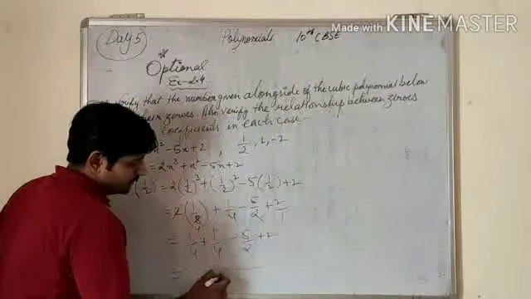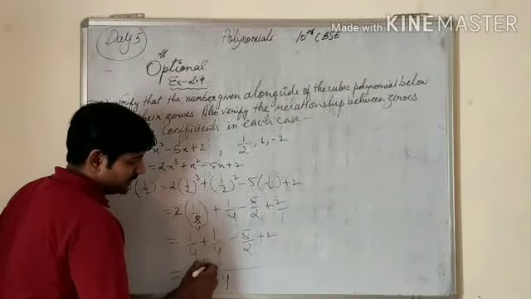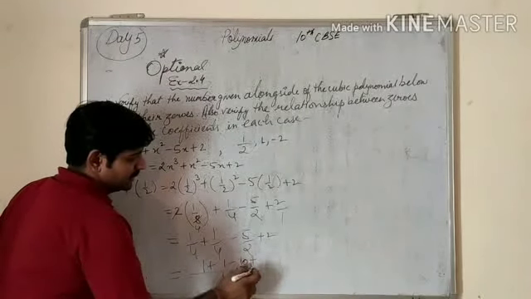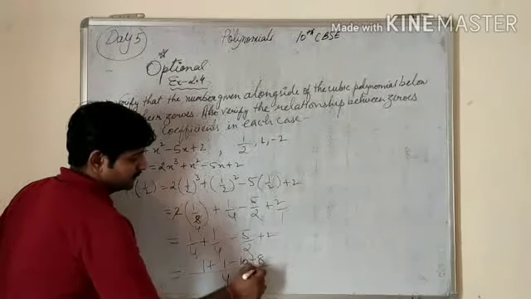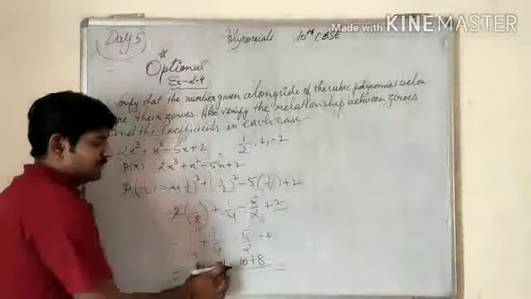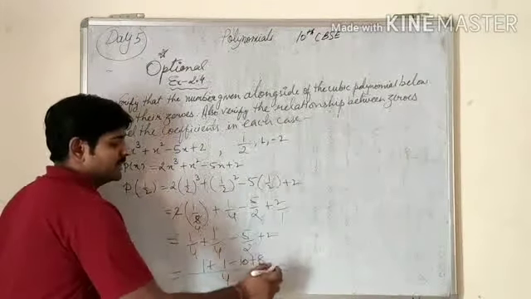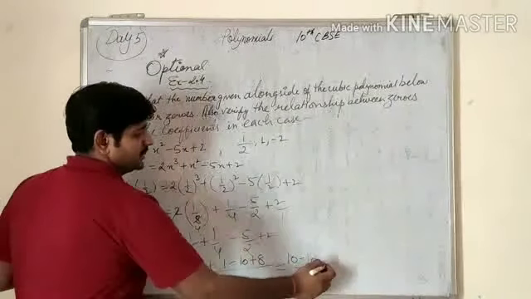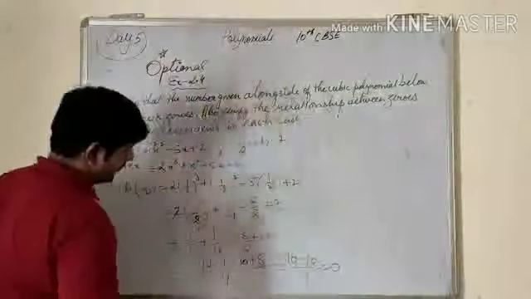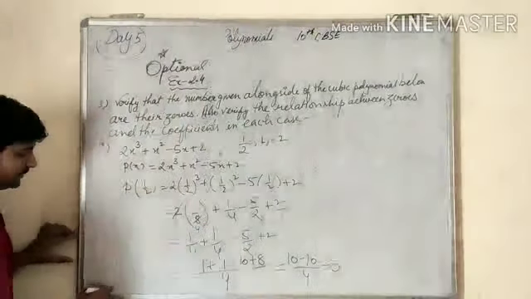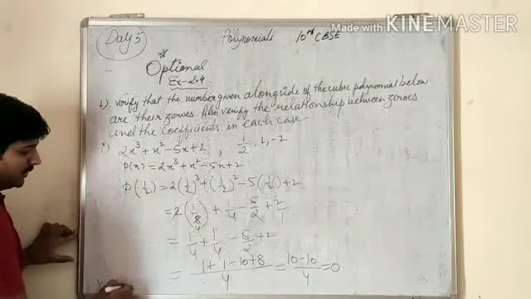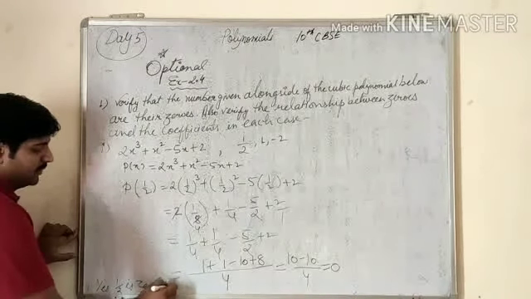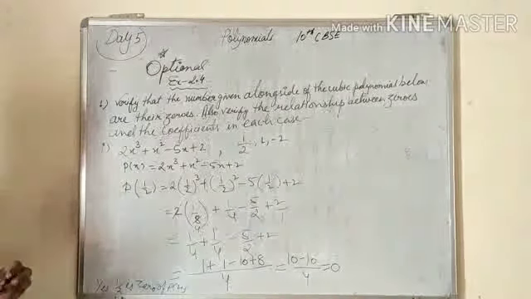LCM we will take, 4 will be the LCM. 1 plus 1 minus 10 plus 8. 1 plus 1 is 2, 2 plus 8 is 10, and 10 minus 10 is 0. So we can say yes, 1 upon 2 is a zero of the polynomial of x variable.